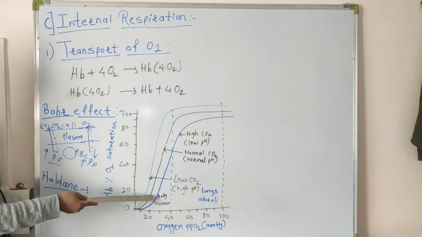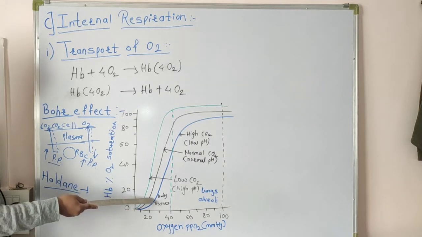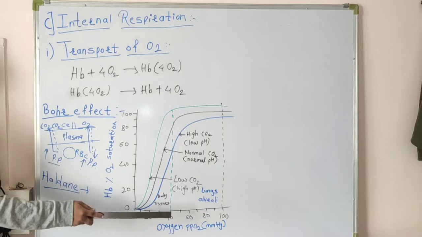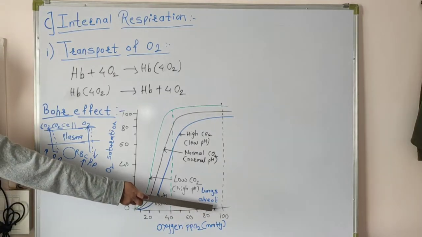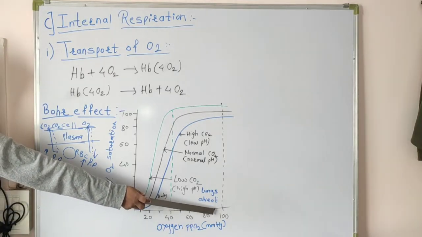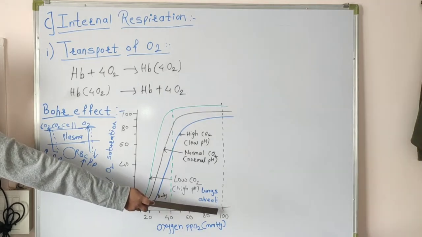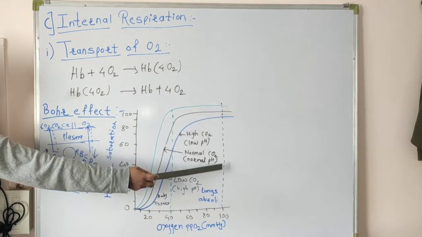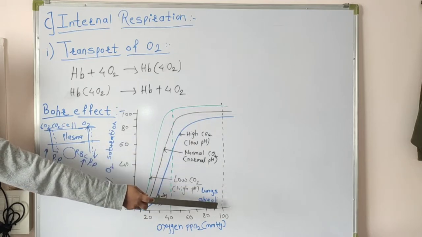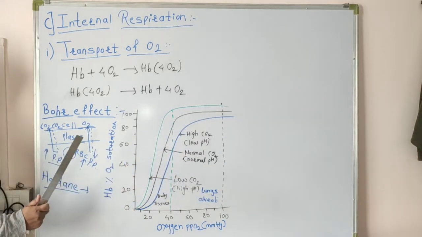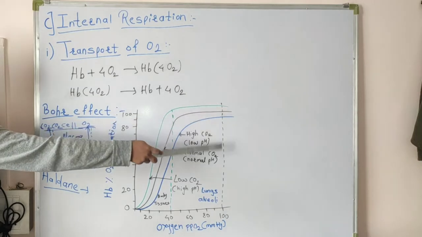The saturation of oxygen only gets started, and when you see the partial pressure of oxygen at 100, at that time the saturation of oxygen is totally 100% done. That means at the lungs alveoli.